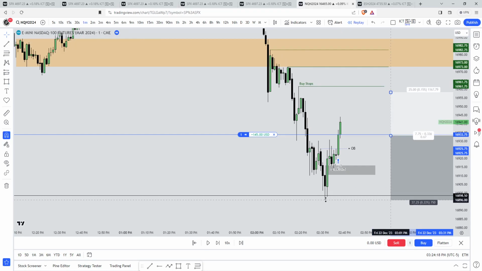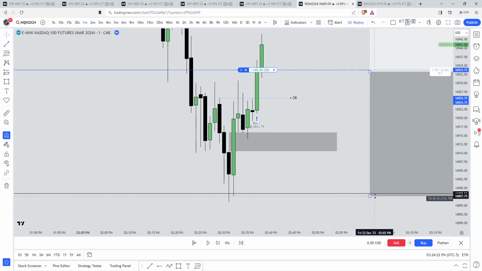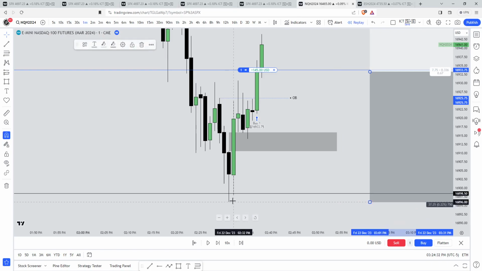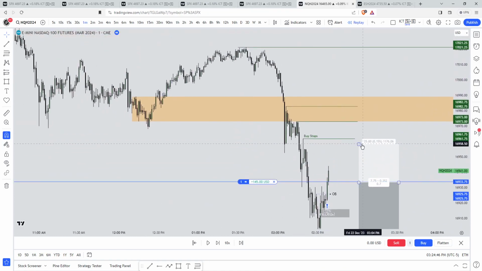Well, my stop loss can either be beneath candle number 1 of the fair value gap, or in this case, since this is candle number 1, this is 2, and this is 3, this candle number 2 is so close to that low, so I just have my stop there. Or the safest stop would be at that previous low right there. In this example, I just have it beneath this low since it's so close to that previous one. And my RR needs to be 1 to 1.5 RR.